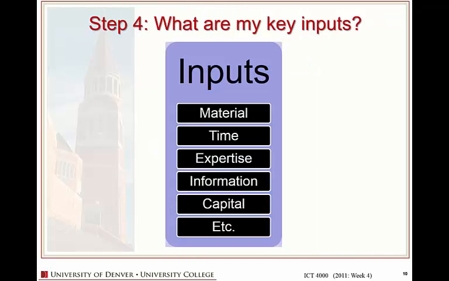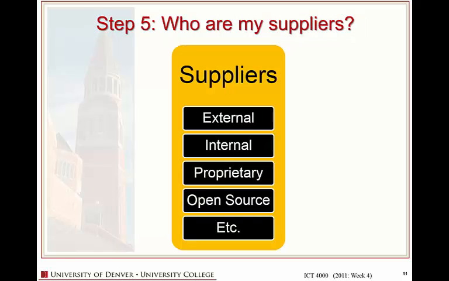Step 4 of the SIPOC is what are the key inputs, and you've done this largely already, and that is in terms of the cost items associated with the strategic initiative: time, material, expertise, information, capital, etc. You've already pretty much done that in your business case. And then the last part of the SIPOC diagram is the suppliers.